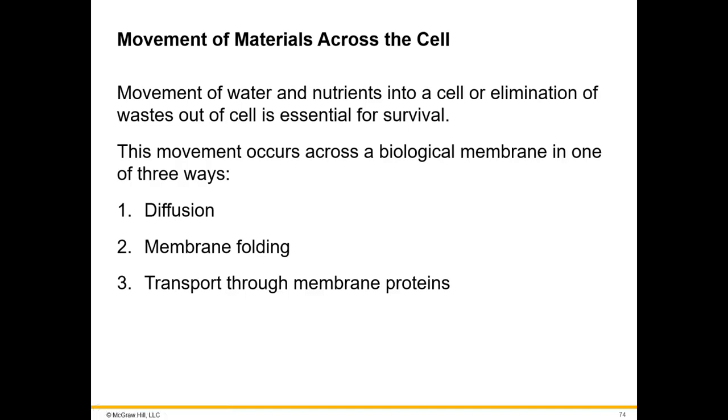When we talk about movement of materials across the cell, there are basically 3 ways to cross that plasma membrane, the cell membrane, the outside of the cell. It's either going to happen through diffusion, membrane folding, or transport through membrane proteins.